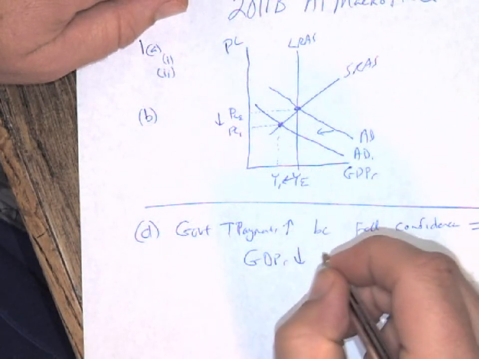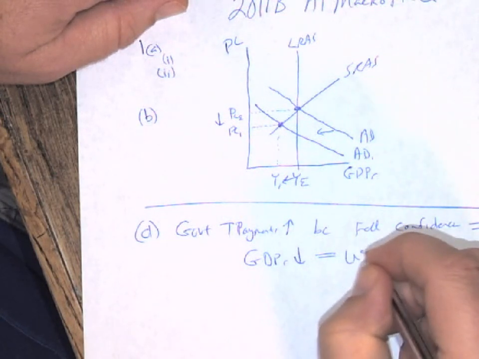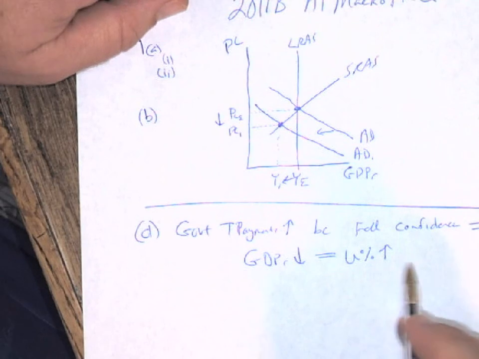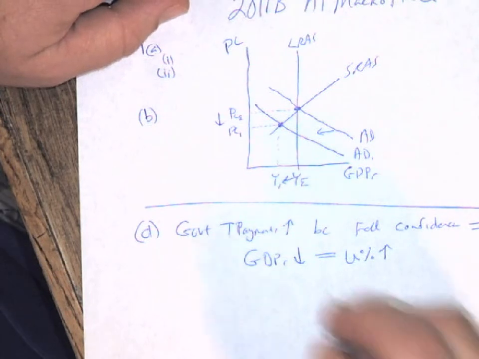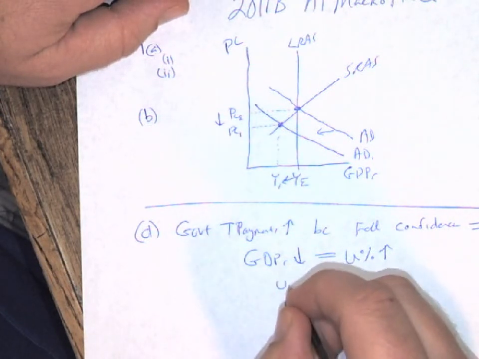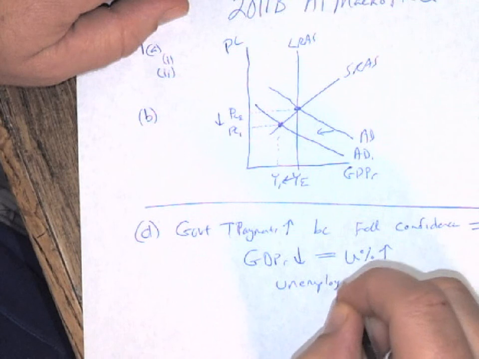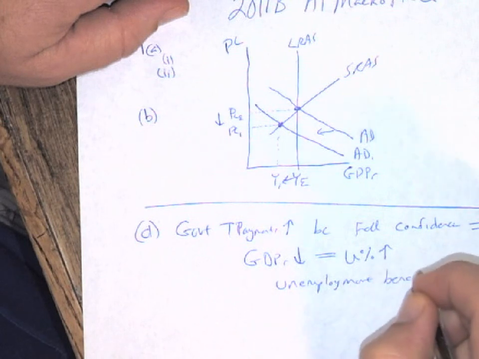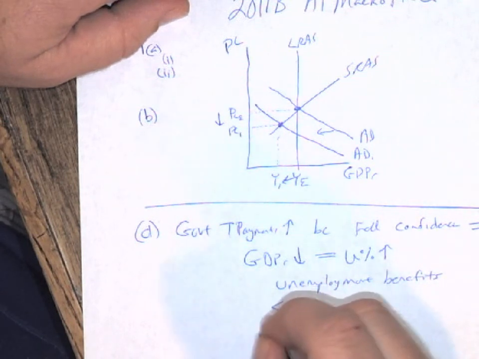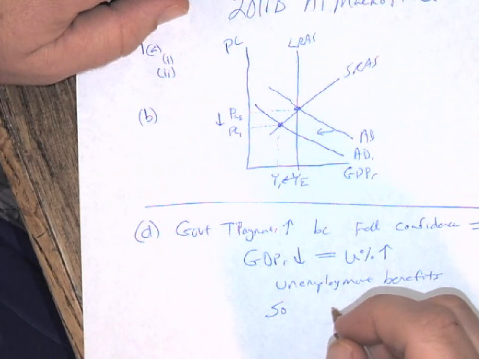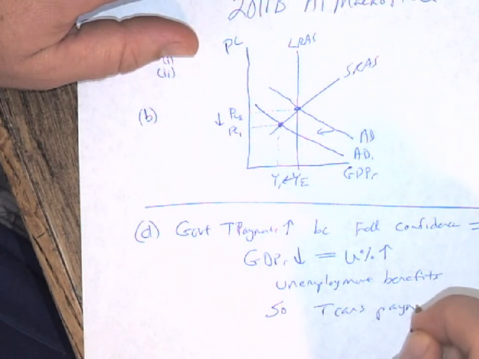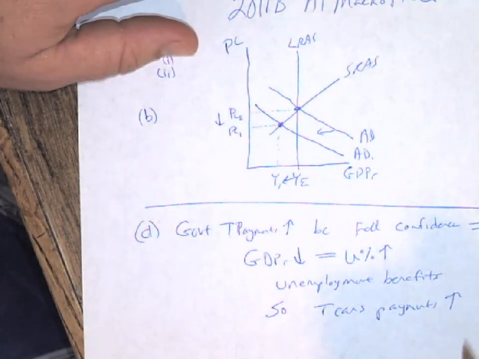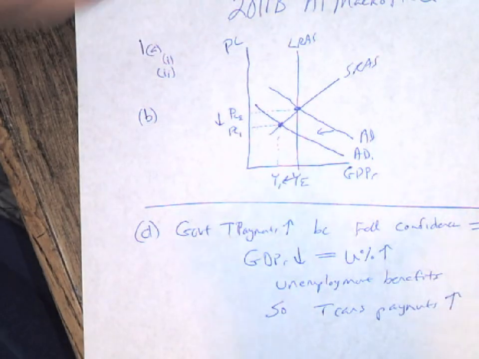So GDP goes down, that equals the unemployment rate going up. And when people are unemployed, one of their choices in an economy that has automatic stabilizers or transfer payments means that they're going to seek unemployment benefits. So transfer payments will increase during a recession. Alright, so that's our part B.